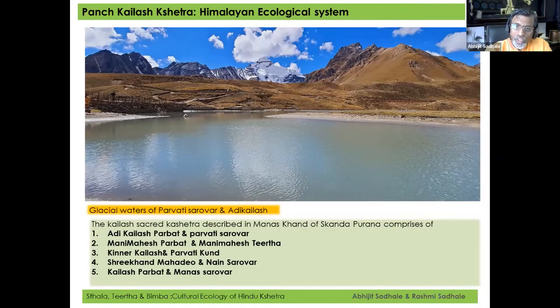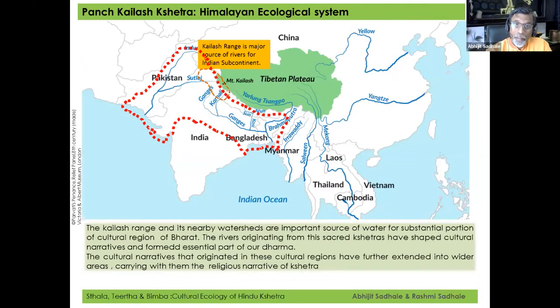Pancha Kailash Kshetra is located in the Kailash range high in the Himalayas. It consists of 5 parvats: Adi Kailash Parvat with Parvati Sarovar, Mani Mahesh Parvat with Mani Mahesh Tirtha, Kinnor Kailash with Parvati Kunda, Shrikhanda Mahadev with 9 Sarovar, and Kailash Parvat with Manas Sarovar. Apart from having individual Tirthas, the major source of rivers is the Kailash range and nearby watersheds.